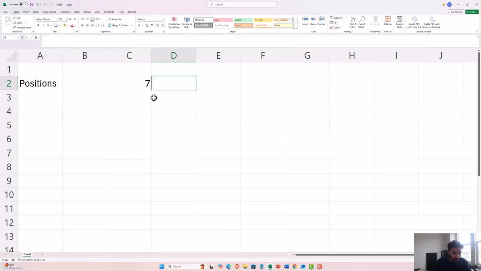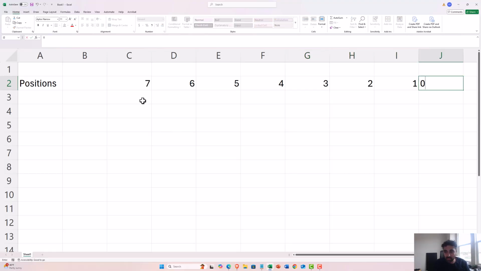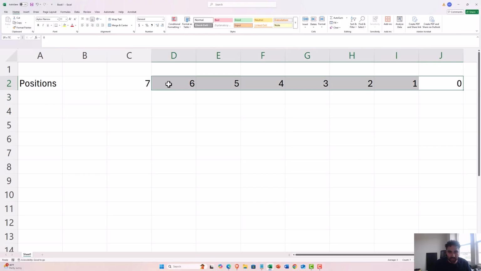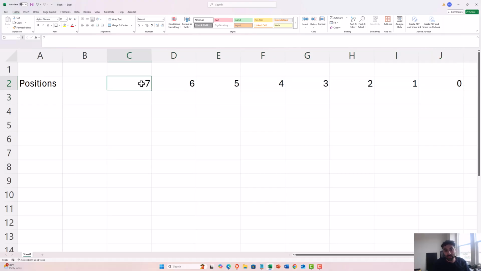Like I mentioned before, there's going to be 8 positions, and 0 is considered a position. So when you see here, it usually starts at 7, and we're reading right to left. That's why you see 0, 1, 2, 3, 4, 5, 6, 7.